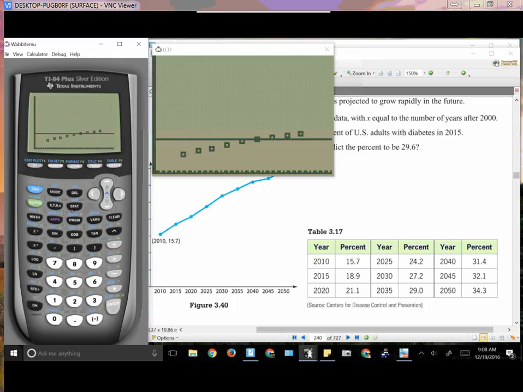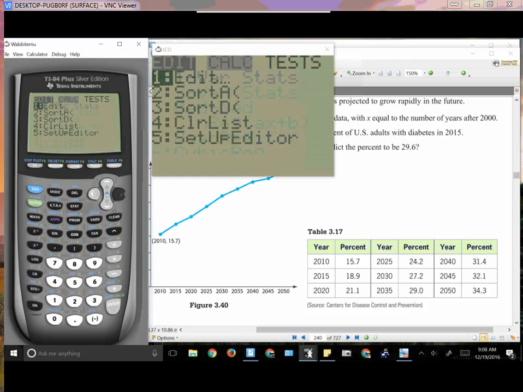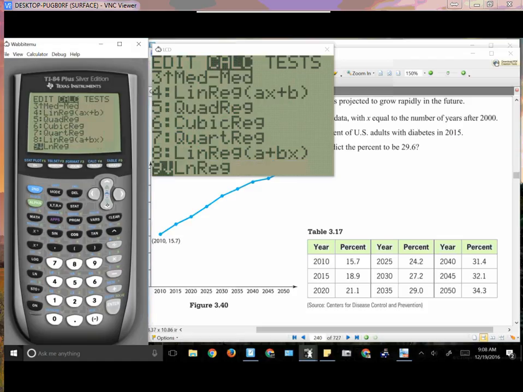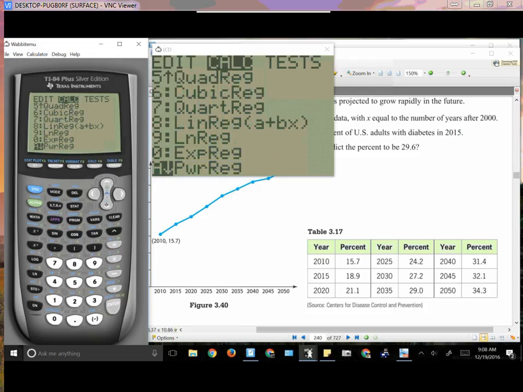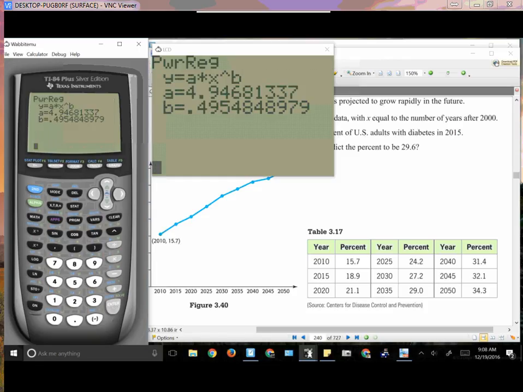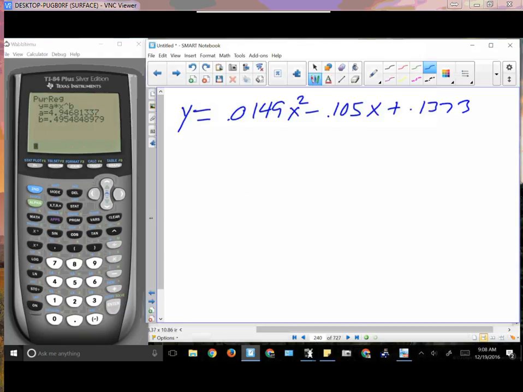So, we go to stat, we go to calc, and we're supposed to have which one now? Power, so we go down, we can keep going down, and there we go. A, power regression. Enter, enter. So now I've got a power regression. A is going to be equal to, let's see, should probably write that down like we always are supposed to do.